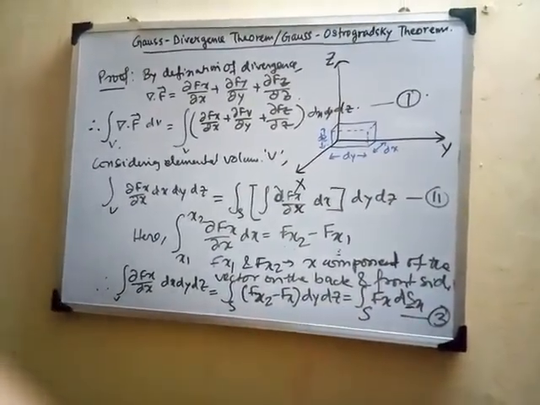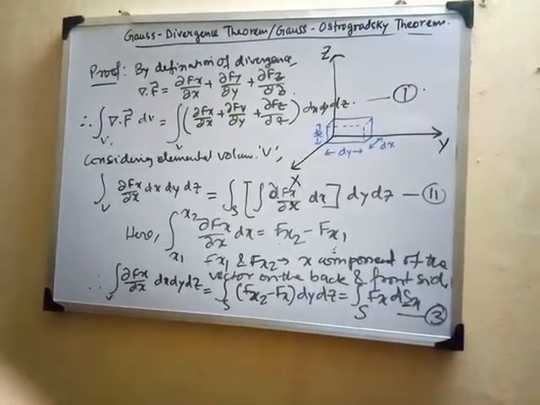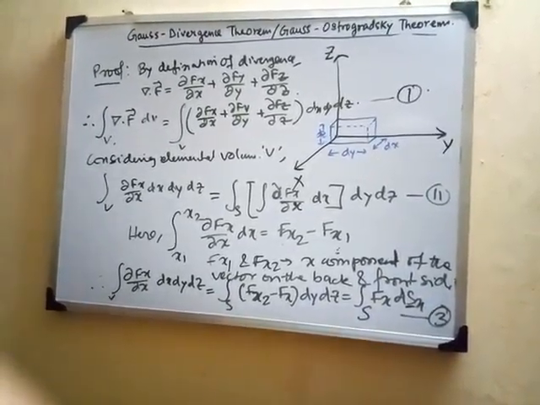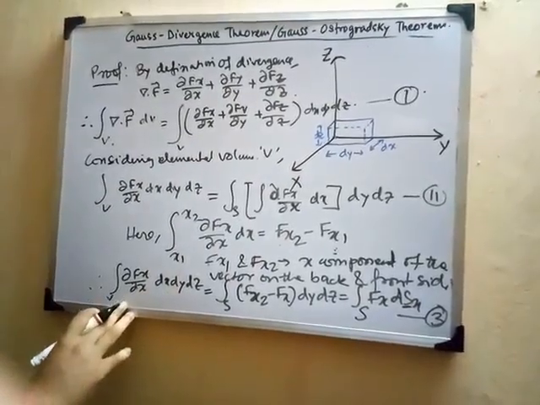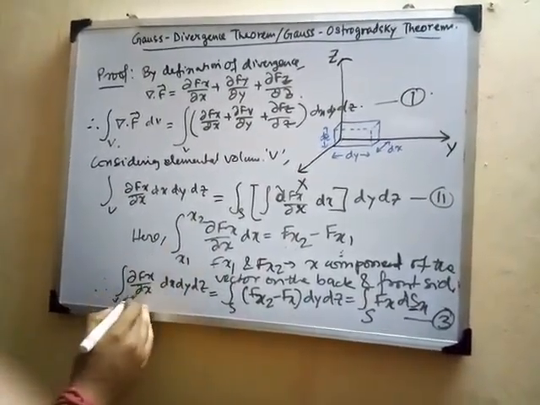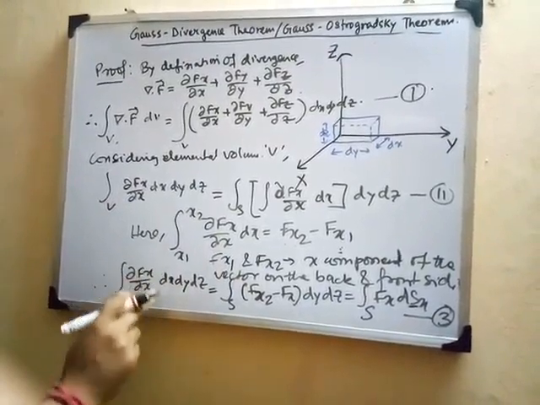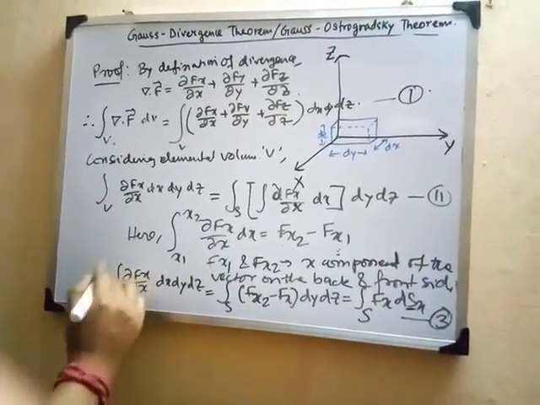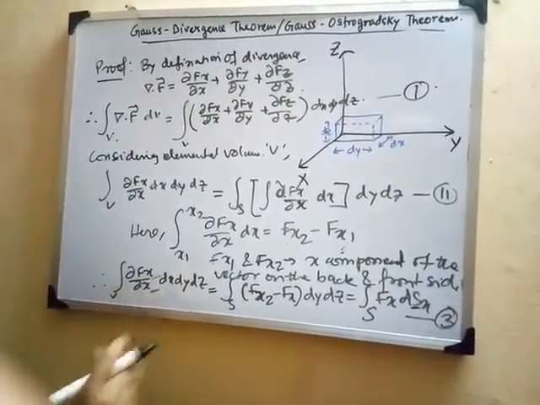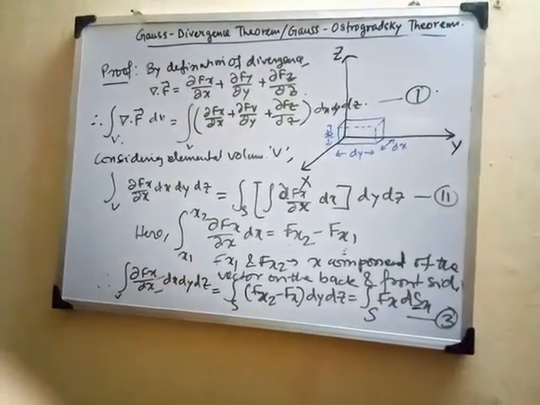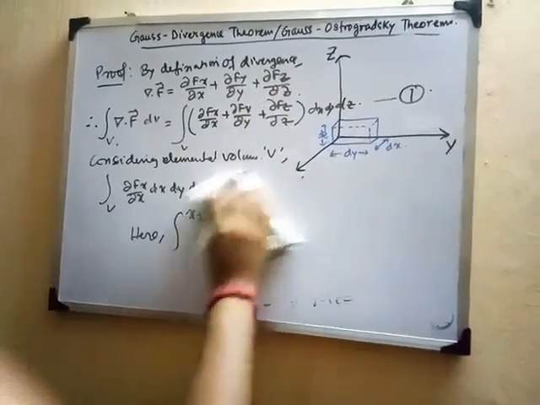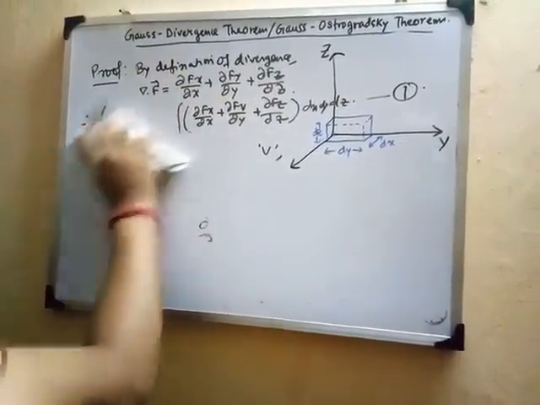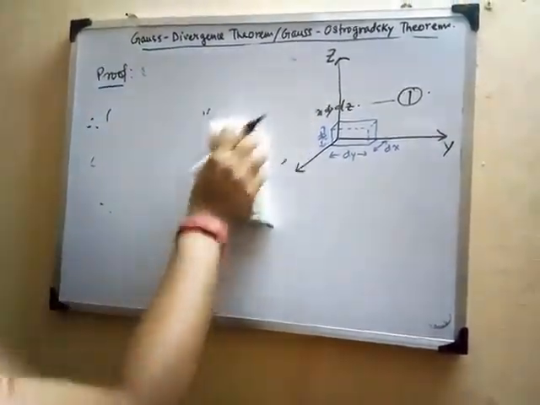So now similarly we will find the component vectors, or rather the volume integral, in the direction of y and z. Like here we have found only the x component, we can now find the volume integral in the direction of y and z by a similar process. So let us see what will happen.